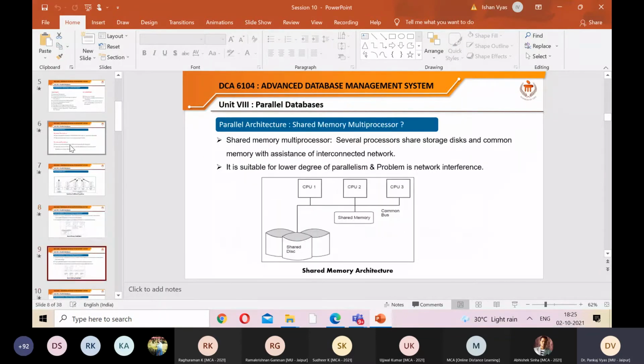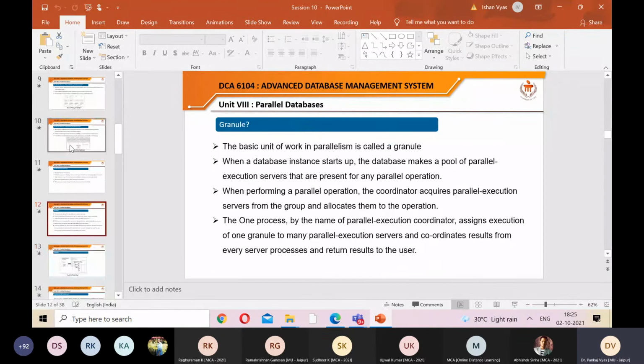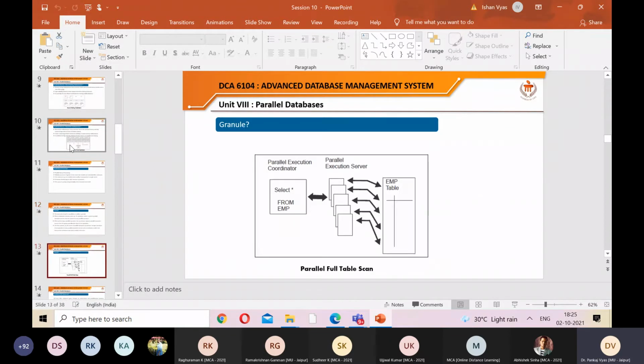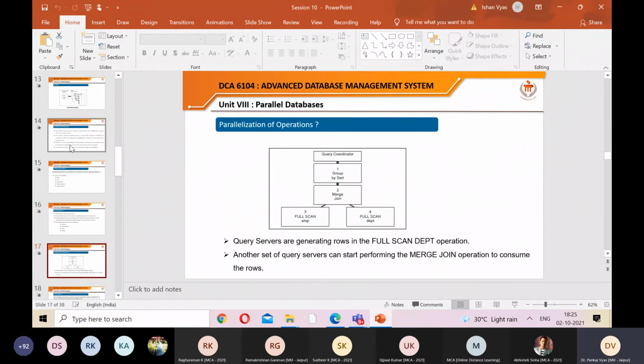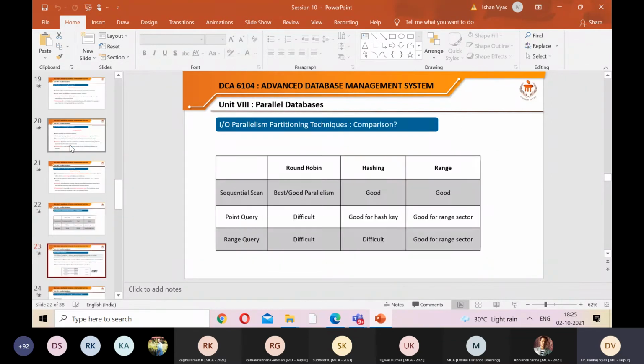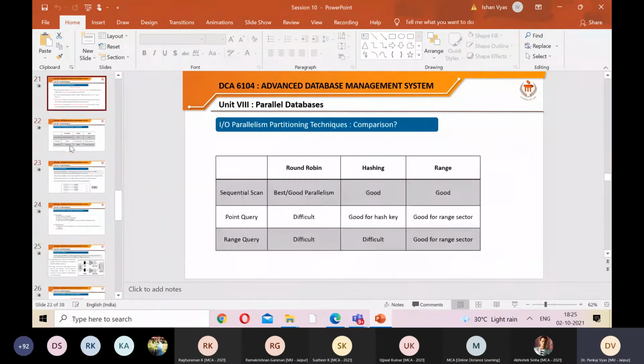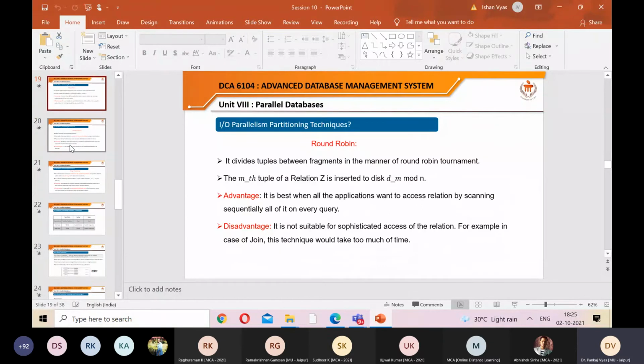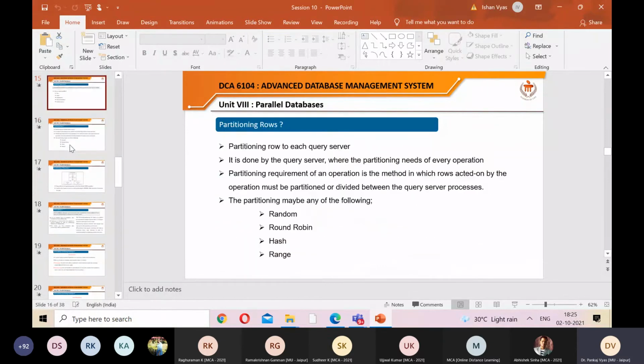You can expect long-type questions from these. If you would like me to explain anything here, I will tell you. I think you might have gone through all these things. Now partitioning may be random, round robin, hashing and range. Clear? So there may be vertical fragmentation, horizontal fragmentation, mixed fragmentation.